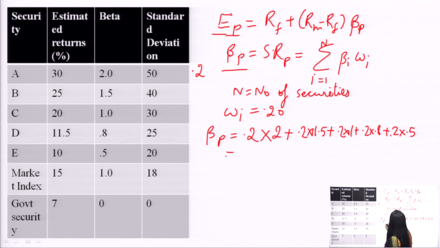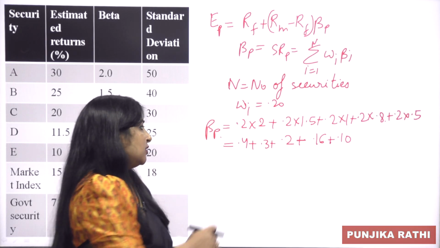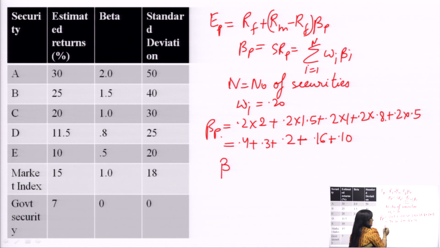If I do so, I will get these values. On adding these values, beta p will be equal to 1.16.